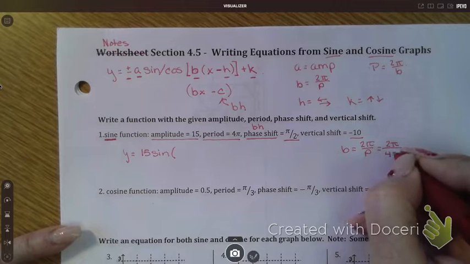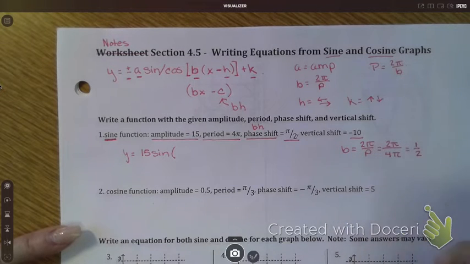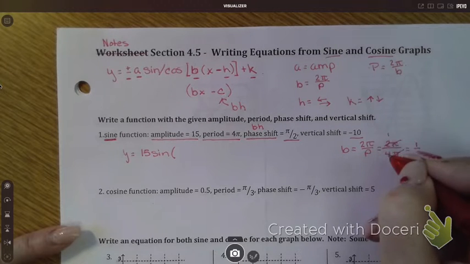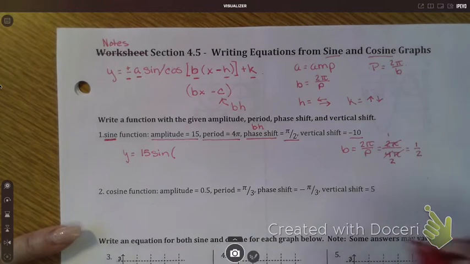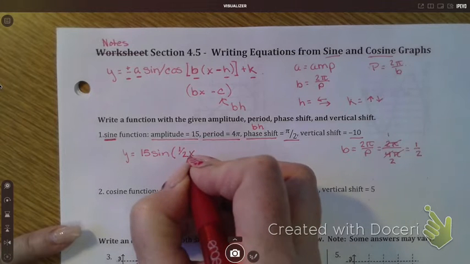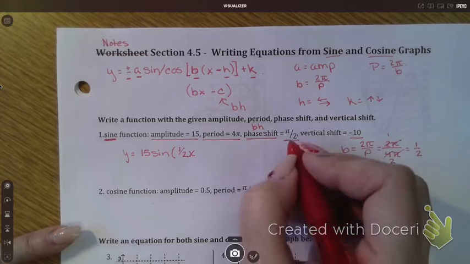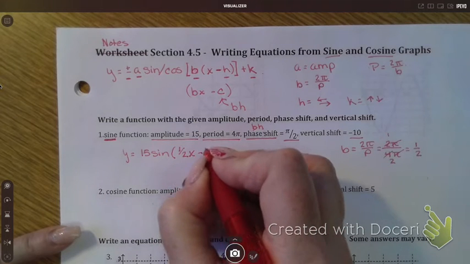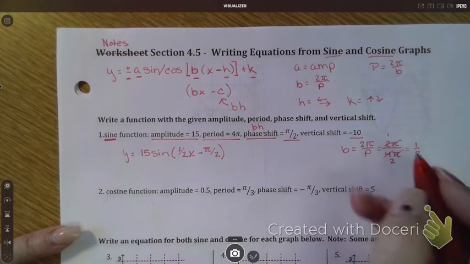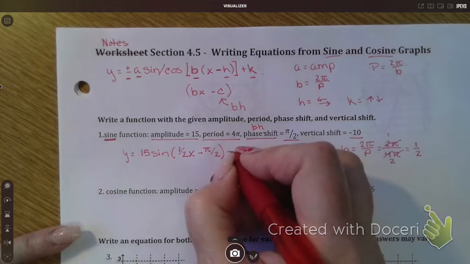So 1/2, the pi's reduce. So I have 1/2 x, and they already did my a times b for me, minus pi over 2, and then minus 10.